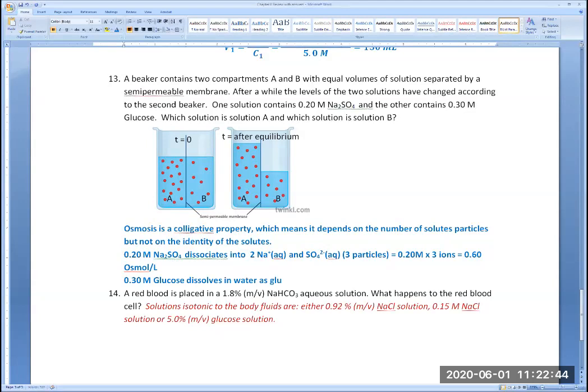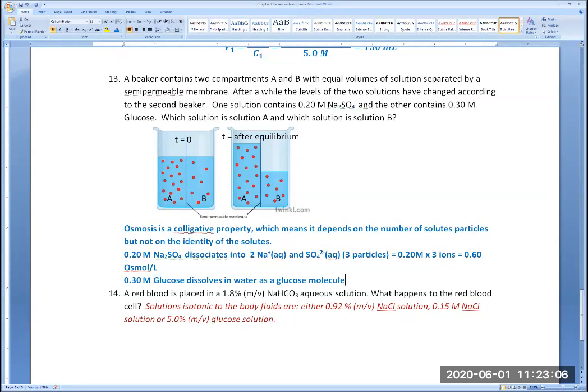It stays the same, as one big neutral molecule that dissolves in water as a glucose molecule. So it's one particle per formula, right? It stays the same.